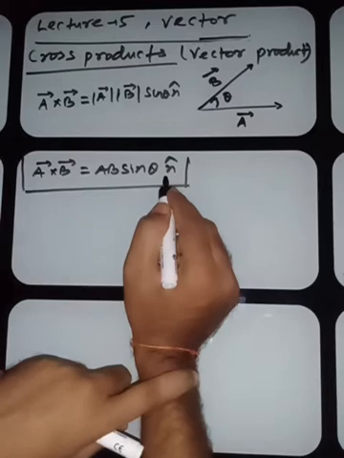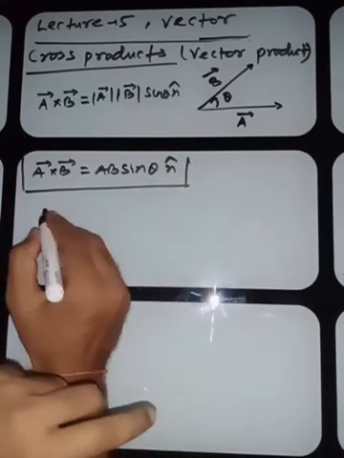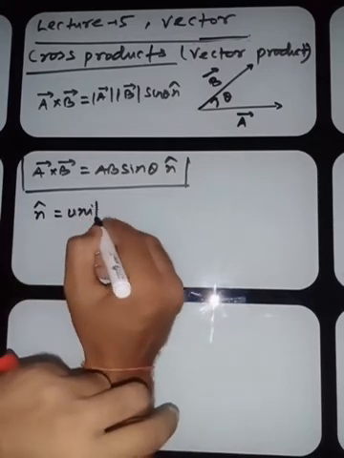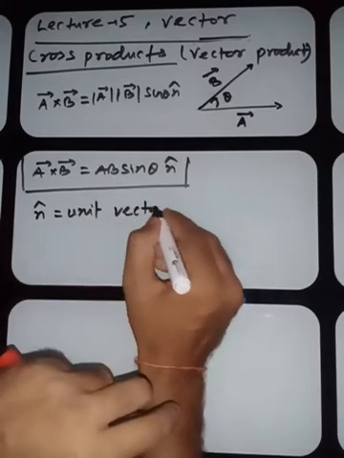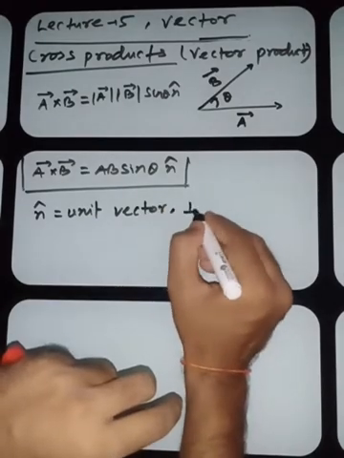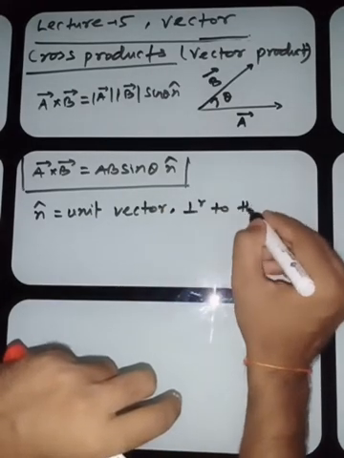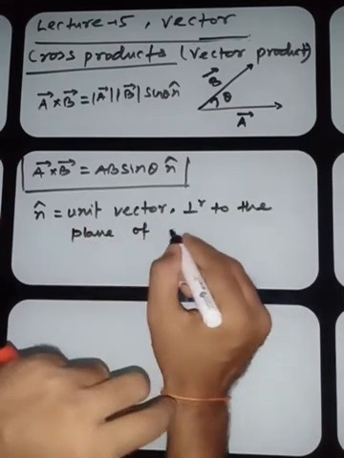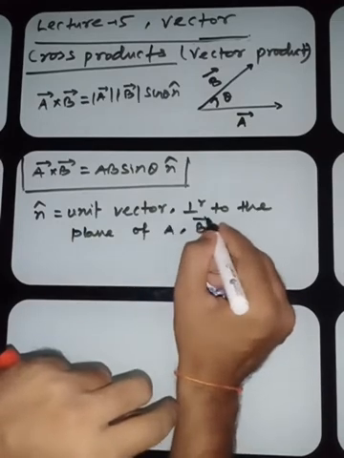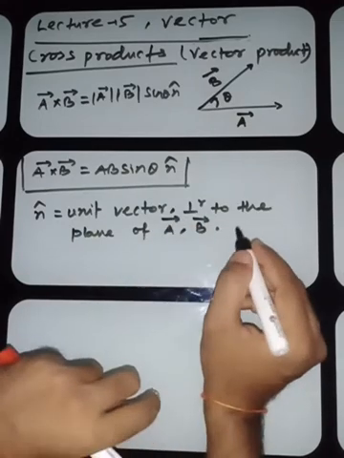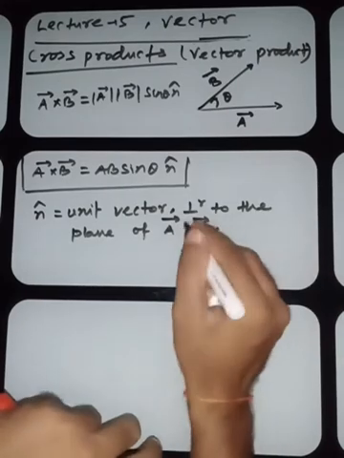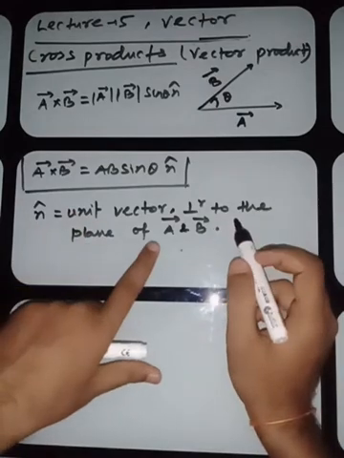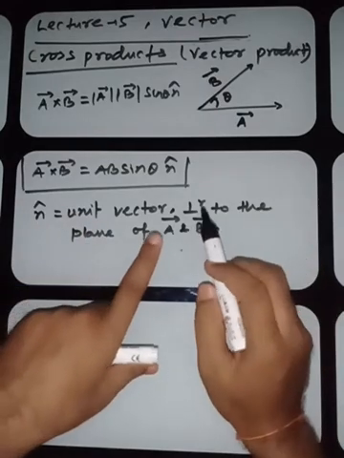Now, it is very important: what is this n cap? You can write, my dear students, this is the unit vector perpendicular to the plane of vectors A and B. Here are the vectors A and B. This n cap is the unit vector which shows the direction, and in which direction?